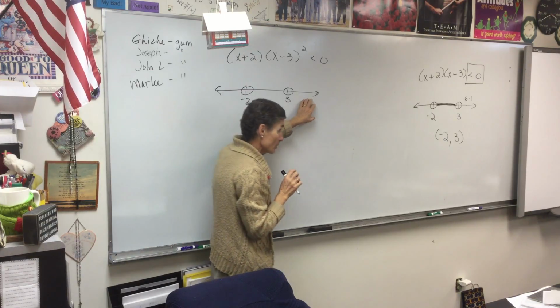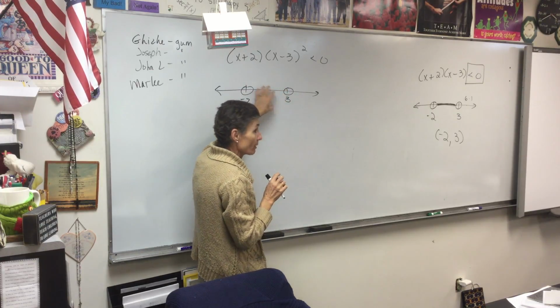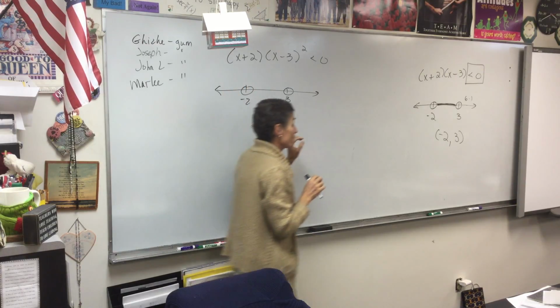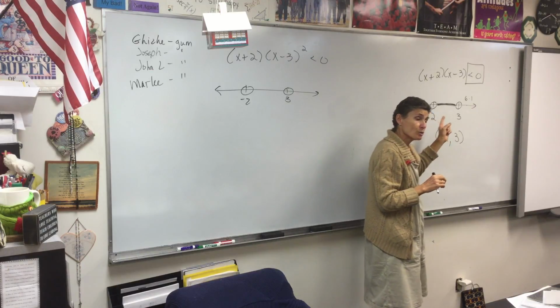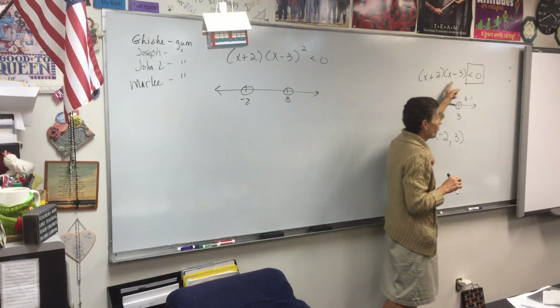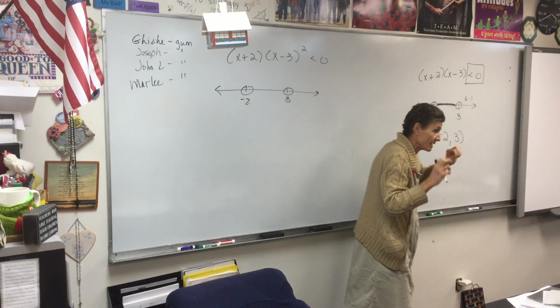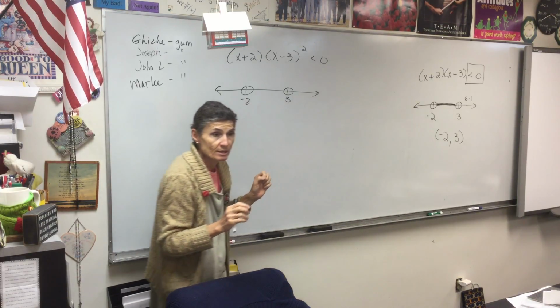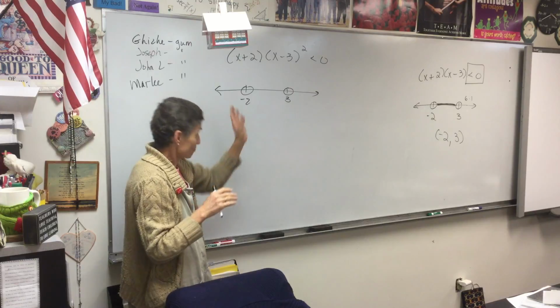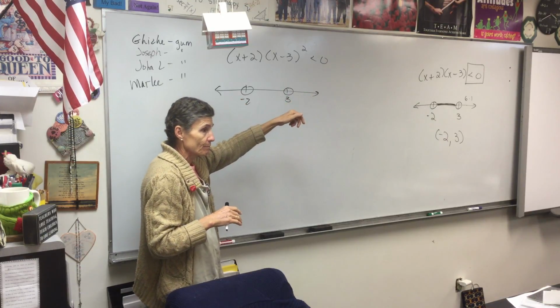So I'm going to pick a number here, I'm going to pick a number here, and I'm going to pick a number here. You can only shortcut. That's what I did over here, I shortcutted. You can only shortcut if the problem doesn't have anything weird in it. No squares, no square roots, nothing funky, just plain factors.